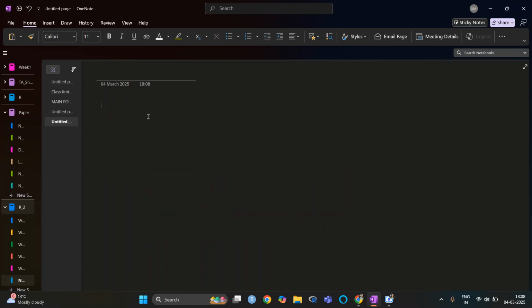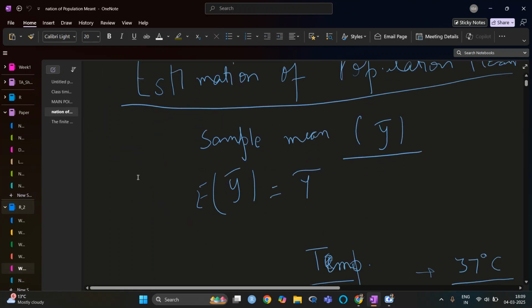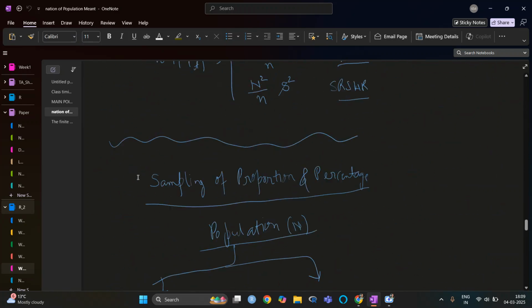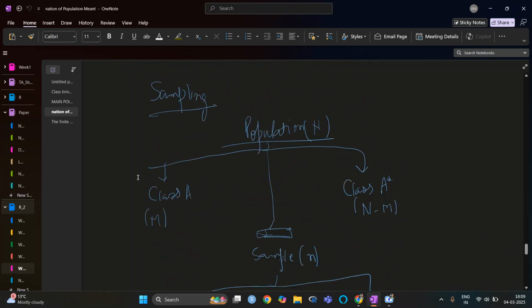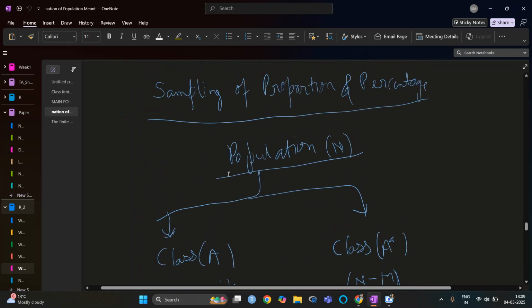So, firstly, we will start with estimation of proportion and percentage. In the last class, we have seen what is sampling of proportion in percentage.